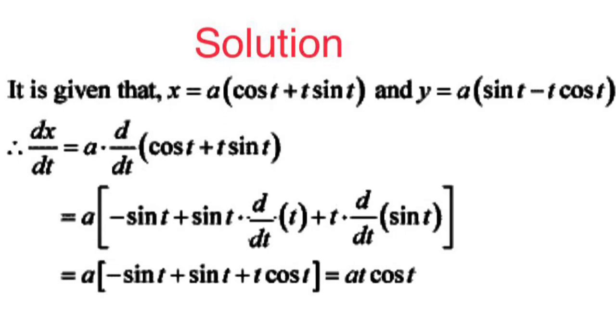Now we are going to cancel out sin t and minus sin t inside the bracket. So we will get dx upon dt equals a into t into cos of t, which is equation number 1.